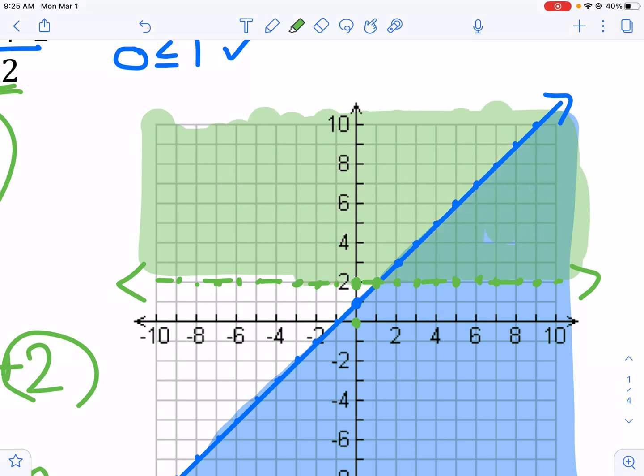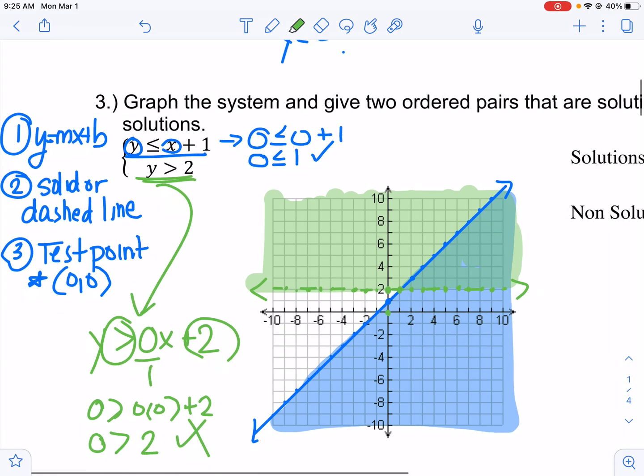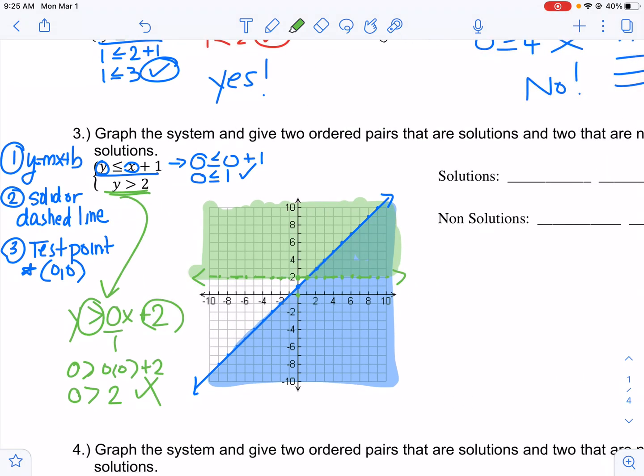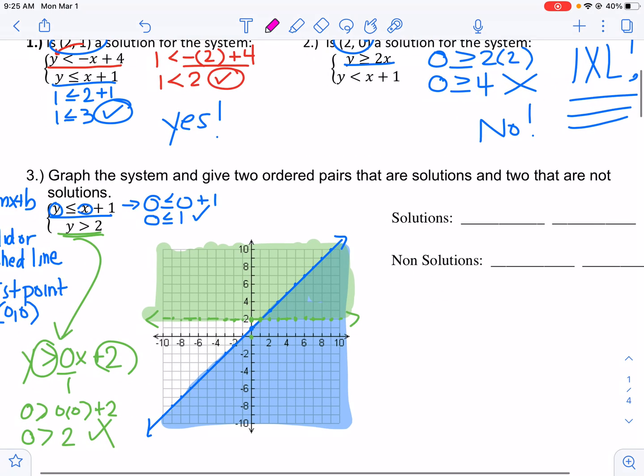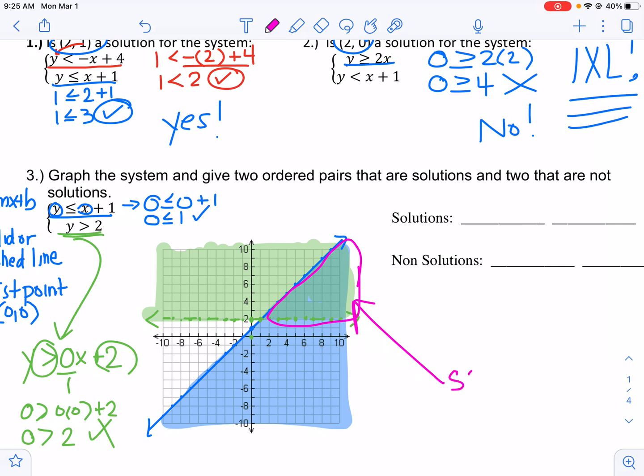And the reason we're using the colors is because we're talking in this section about the solution to the system. Notice where my shading overlaps. Please choose a third color, and I want you to circle. Those are the solutions to the system.